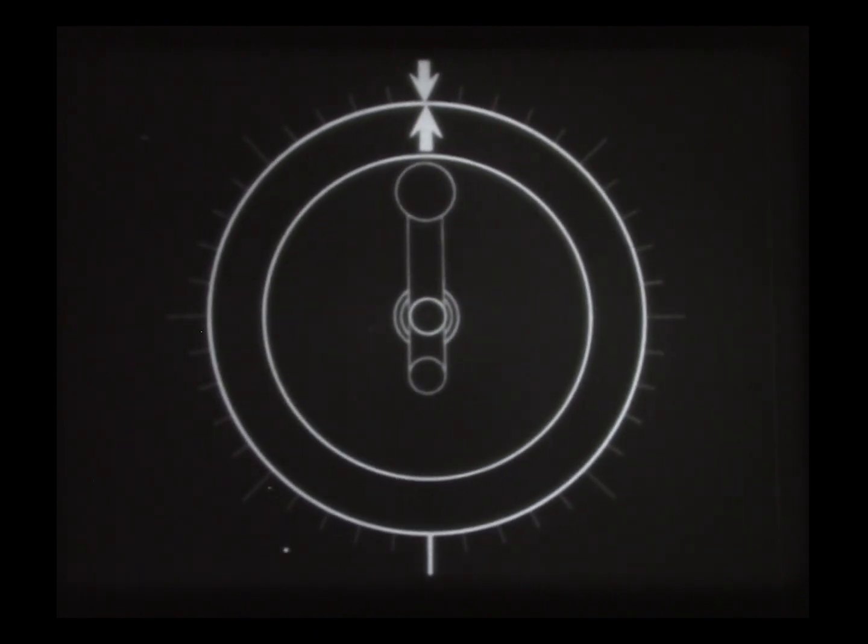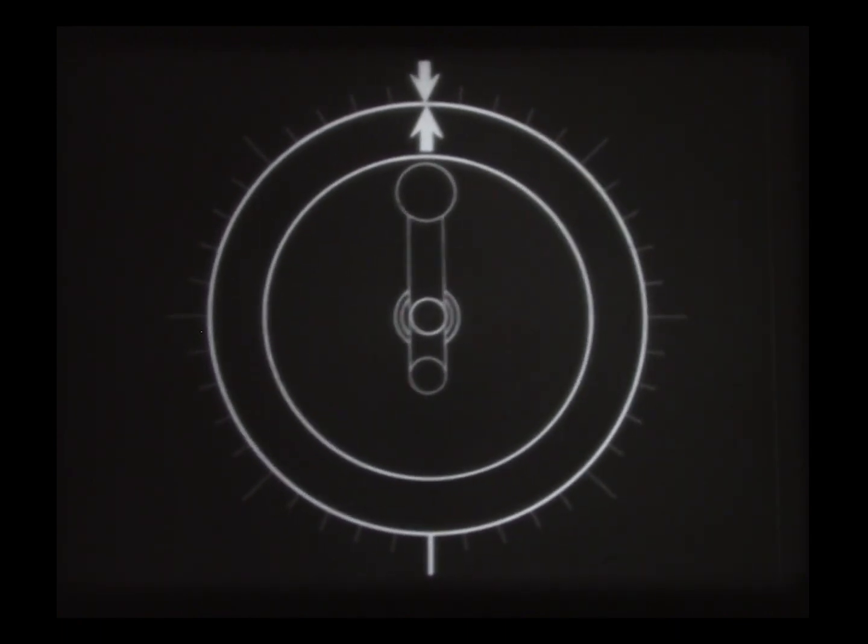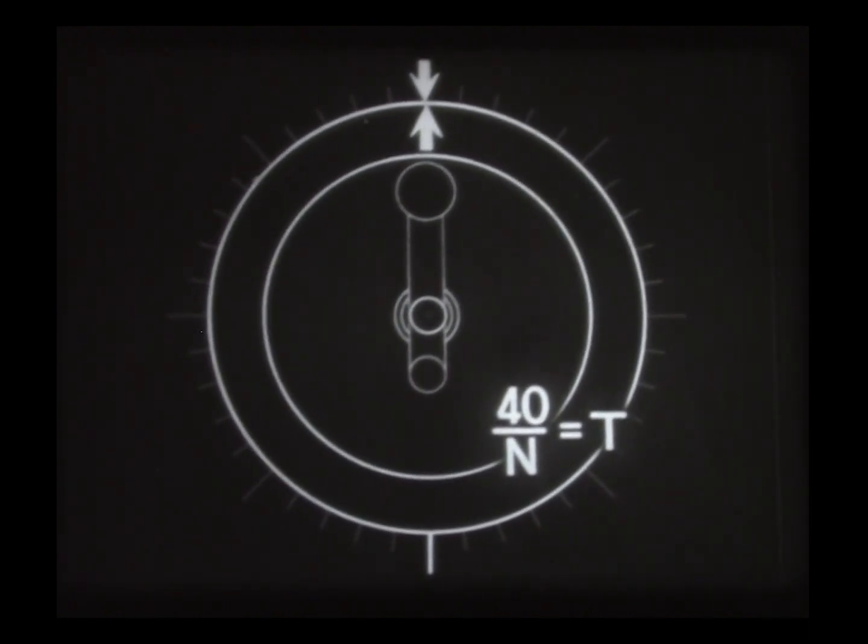In other words, dividing 40 by the number of cuts required will give the number of turns of the crank necessary to locate each cut. This establishes the formula 40 divided by n, the number of cuts to be made, equals T, the required number of turns of the crank.